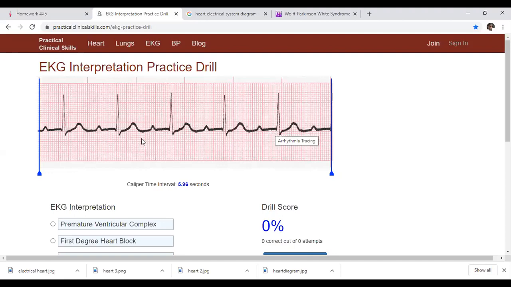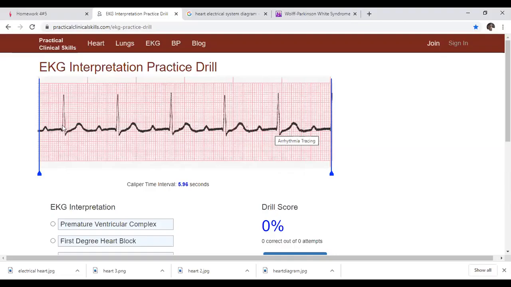But look at it. The PR interval is the problem here. The P and the R should be 5 small boxes apart. Look at my cursor. It's kind of hard to see, but 1, 2, 3, 4, 5.